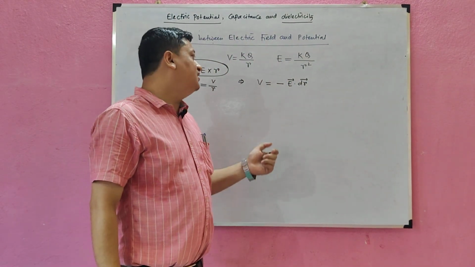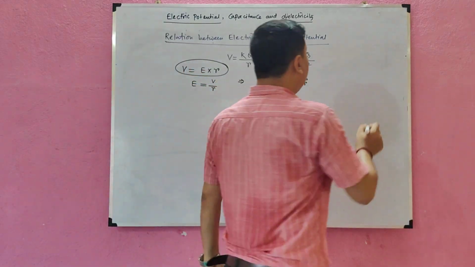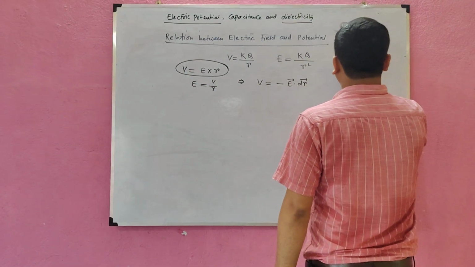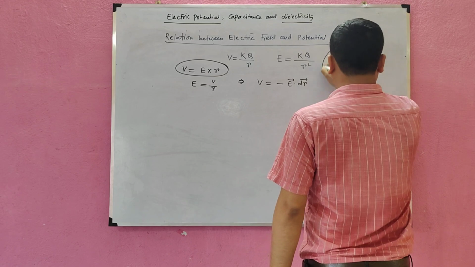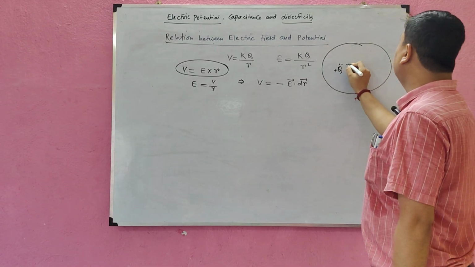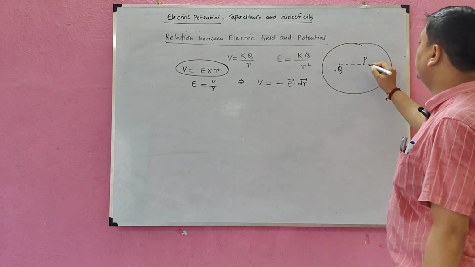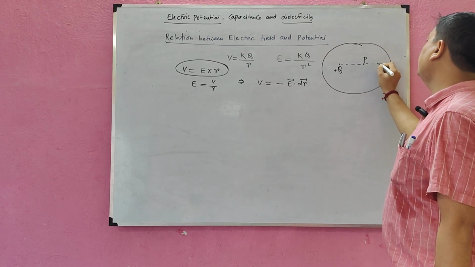But everybody think, why is this negative sign there? When we are finding the potential, for the source charge there was a field, and from this source charge, if we want to find the potential at any point, then what are we doing there?